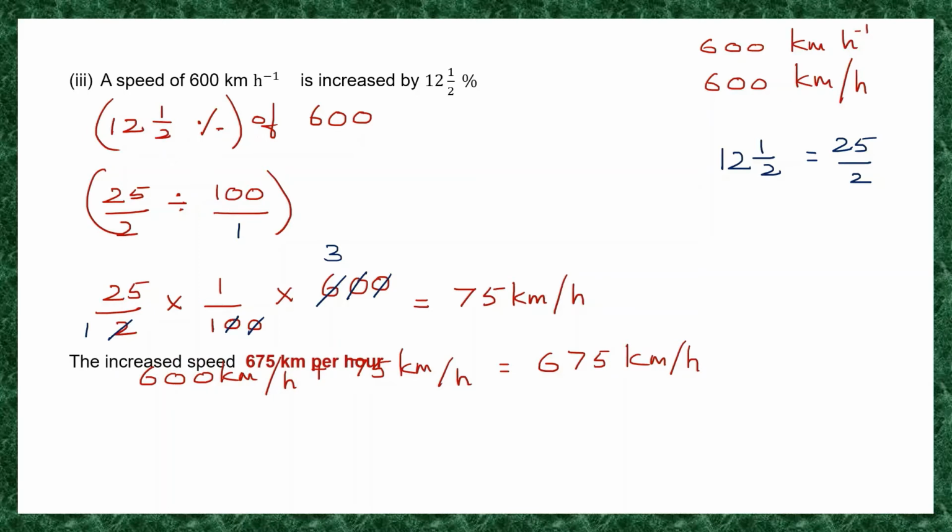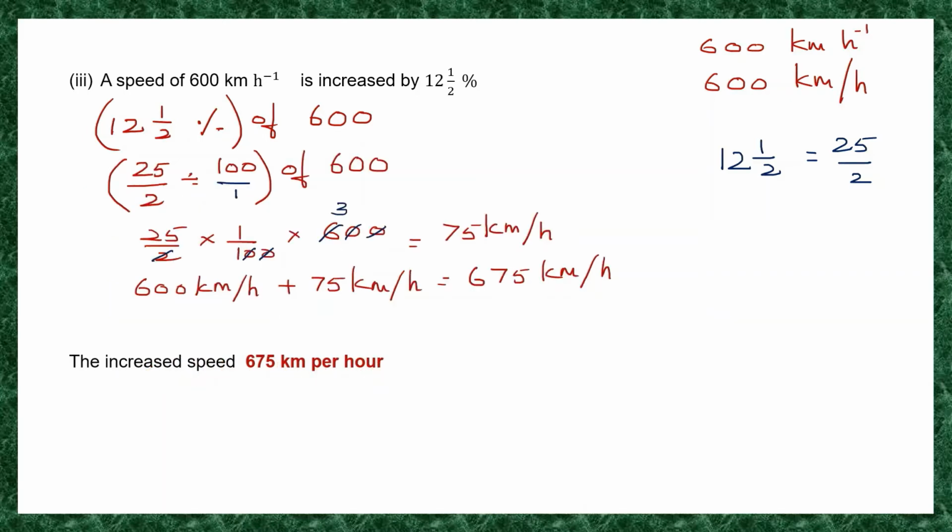So, the increased speed. So, the final answer is the increased speed is 675 kilometers per hour. This is the increased speed, 675 kilometers per hour.